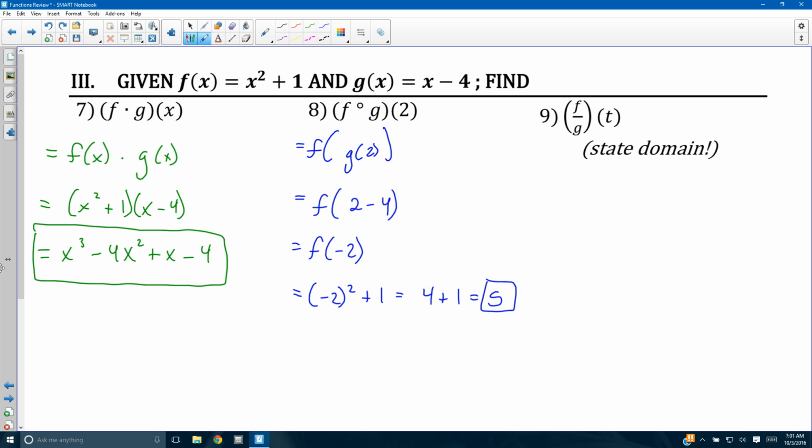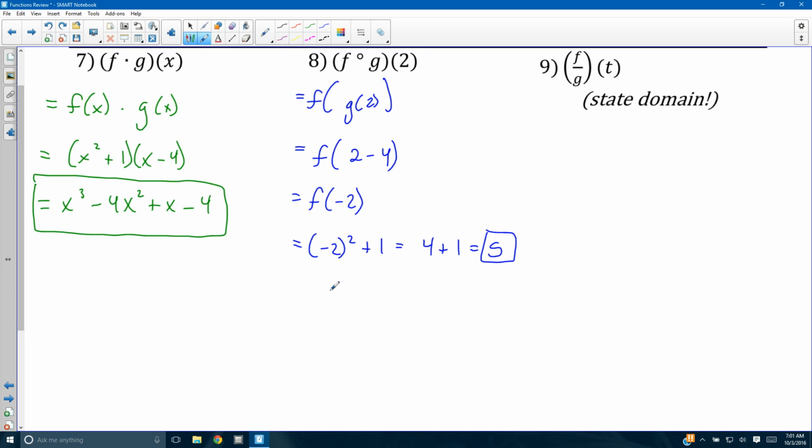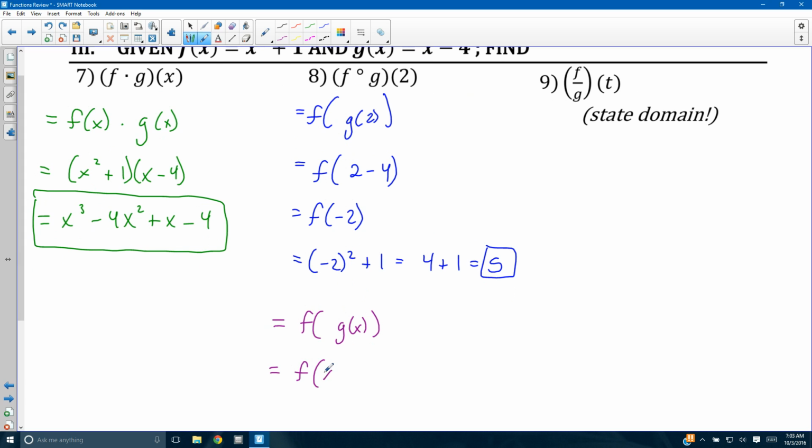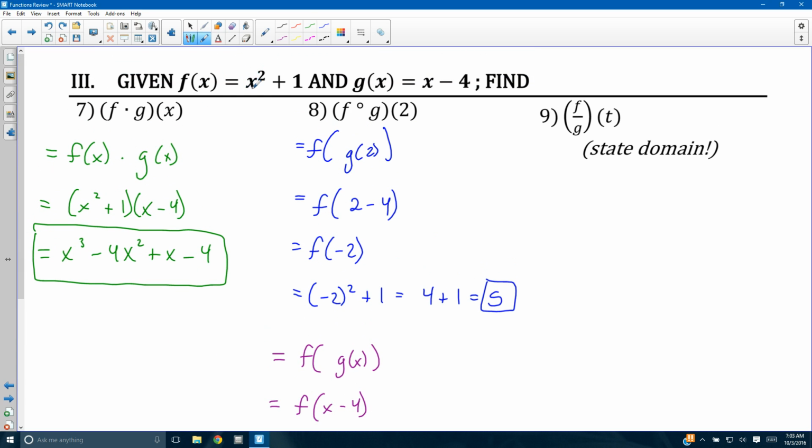A second way of doing this is taking the f of g of x first, figuring out what f of g of x actually is, and then substituting 2 into that expression. So one thing I can do here is take f of g of x first. And that'll become f of x minus 4, and I put x minus 4 in place of x right here.